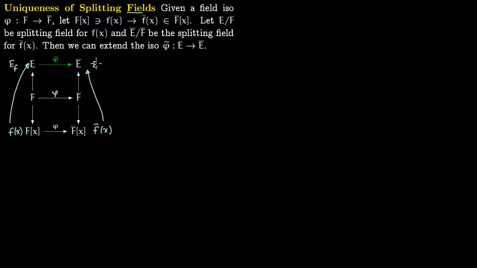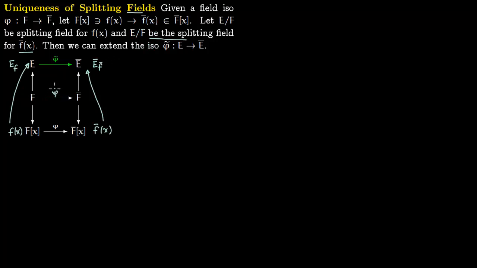You could also have written it like this: E bar subscript f bar, denoting that this is the splitting field of this polynomial f bar. And this again, E bar over F bar, be the splitting field for f bar of x, where f bar of x has coefficients in this field F bar.